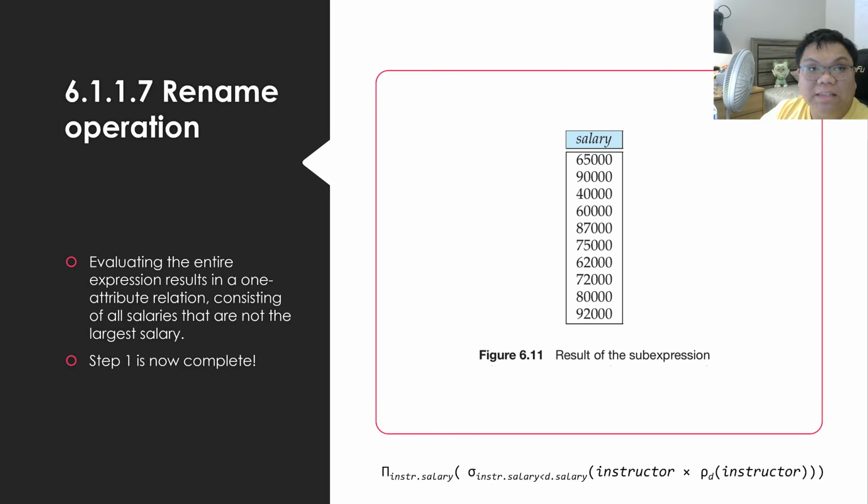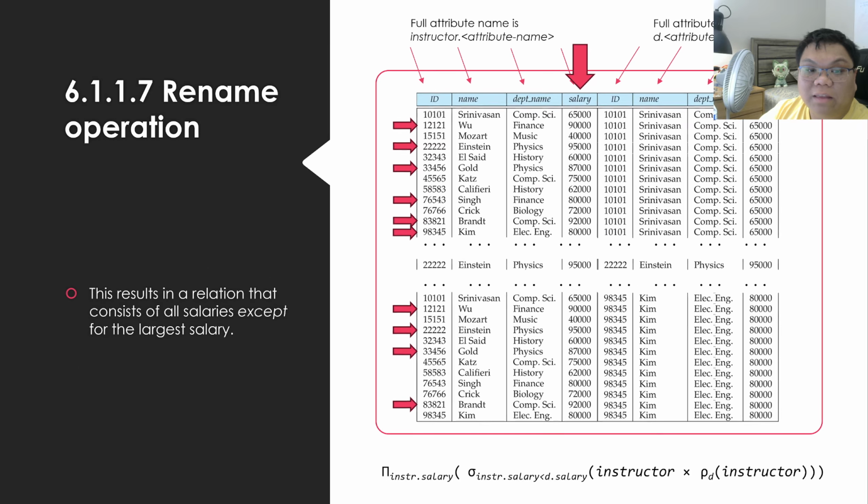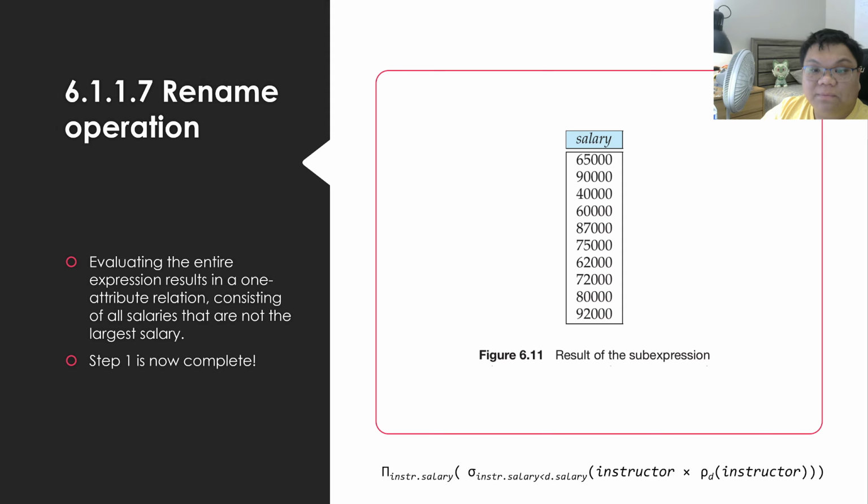Actually, no, there weren't going to be any duplicates in this particular Cartesian product, but there were going to be some duplicates when we projected the salary attribute. So for our purposes, we just eliminated the duplicates from the definition of a set. A set disallows duplicates. Okay, so now we have the set of all salaries that aren't the largest salary.